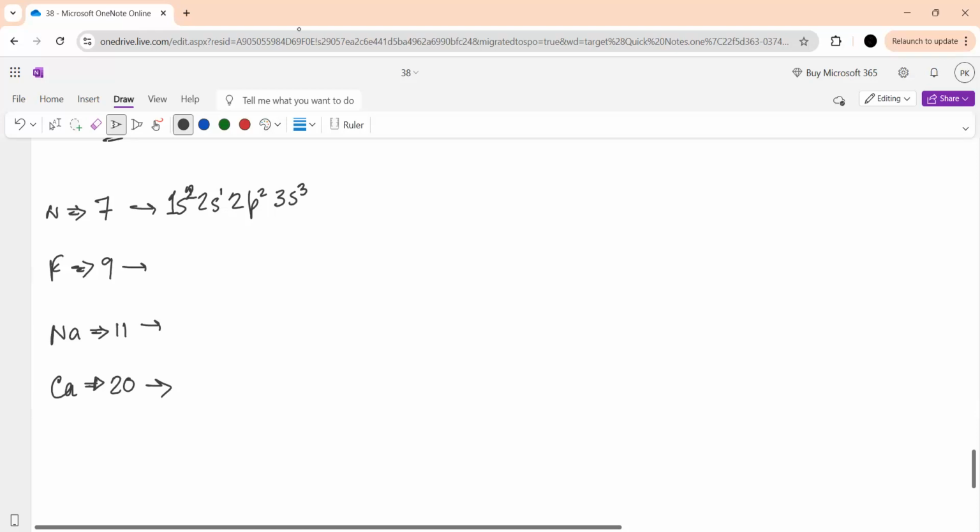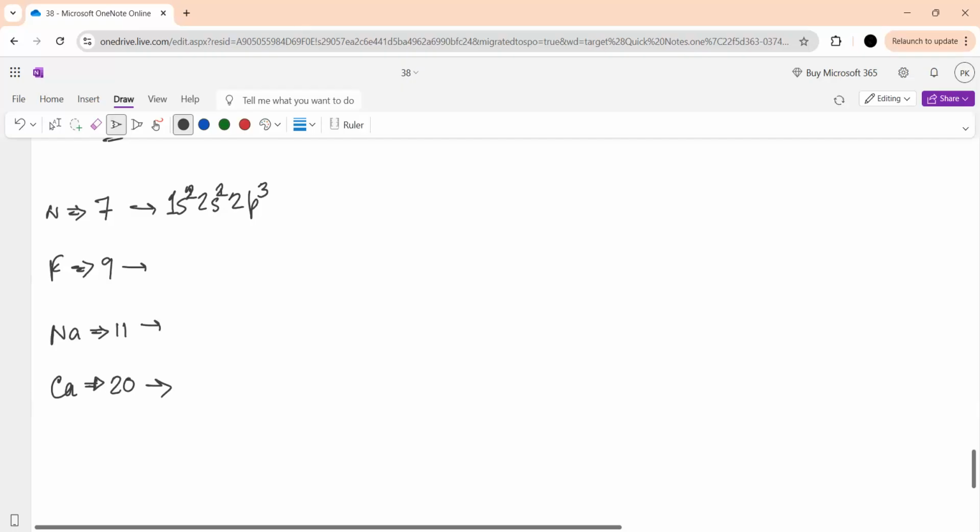Now 2s can have 2 electrons again, so you give it 2 electrons. Now you have 3 electrons left. And 2p can have a total of 6 electrons, so it can easily accommodate 3 electrons, right? Yes, ma'am. This is how you do it.